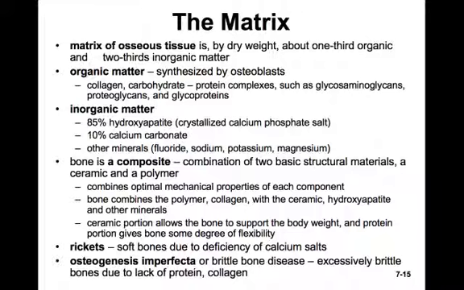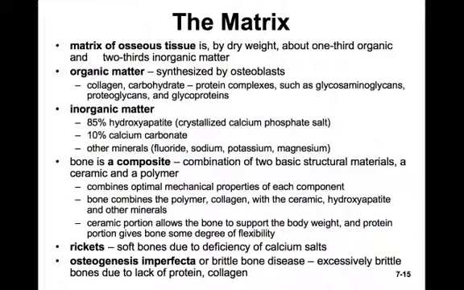So if there's a deficiency in either the organic part or the inorganic part, we're going to see different effects in the skeleton. Rickets is a condition of soft bones. This is when you have enough of the organic matter, the rebar structure, yet not enough of the inorganic cement type matter. And so the bones are soft and a little bit bendy.